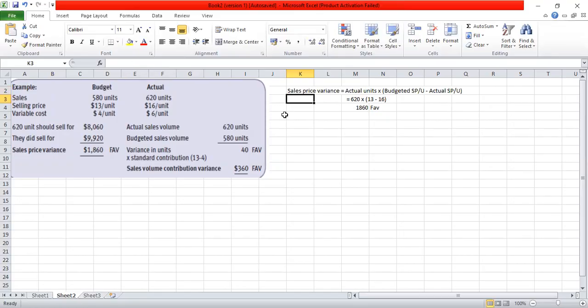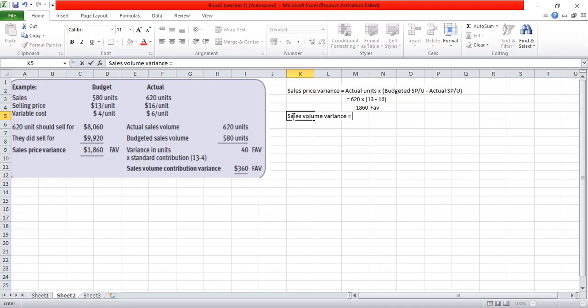Then comes about the sales volume variance. Sales volume variance is equal to the difference in the number of units. The number of units are 580 and 620. These are the difference in number of units. The number of units applicable at the standard profit.